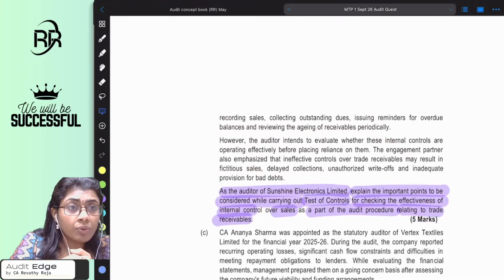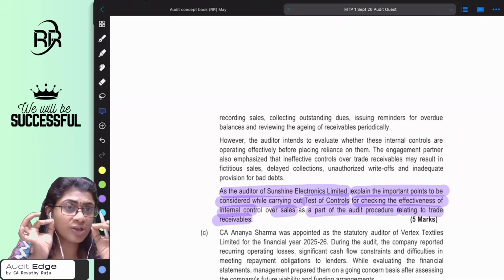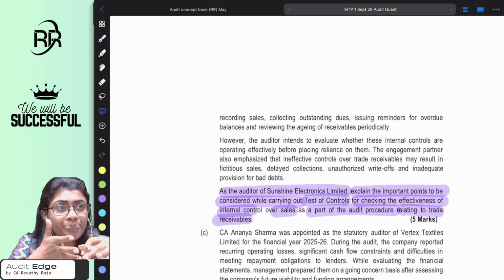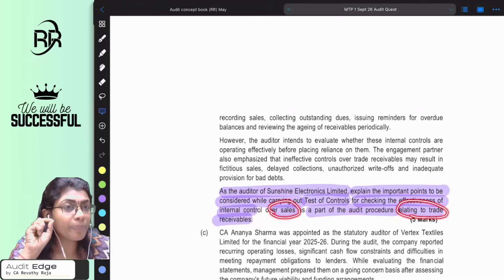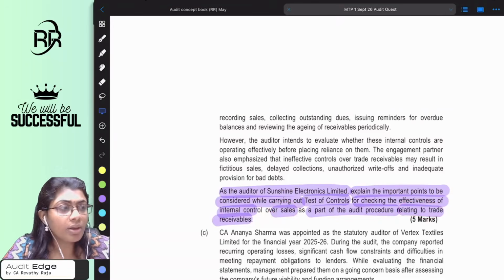Be careful whenever you write the answer for such type of question. You can write it in points itself. No need to give a very specific introduction, not required. But be careful, it should be to the point. Unnecessary points, please don't write. So let's start.